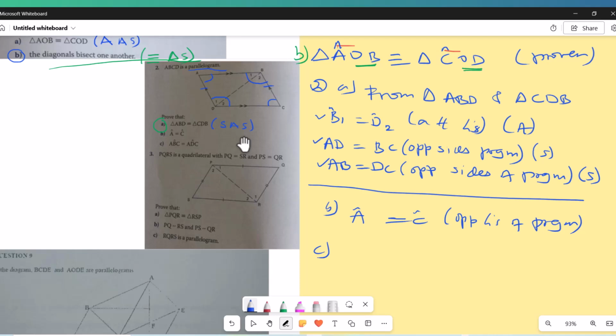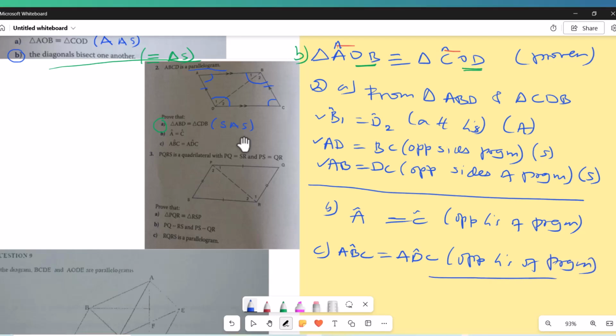That is the best answer here. Guys, do you agree with me? Our angle ABC is equal to angle ADC. Reason being opposite angles of a parallelogram.